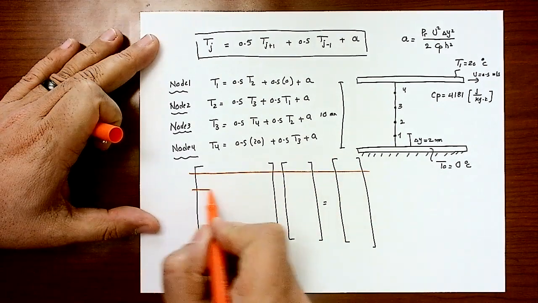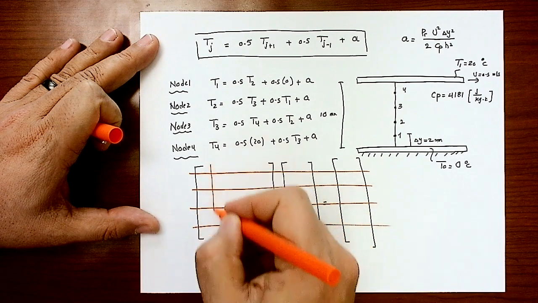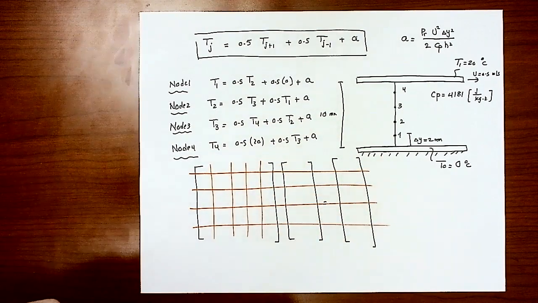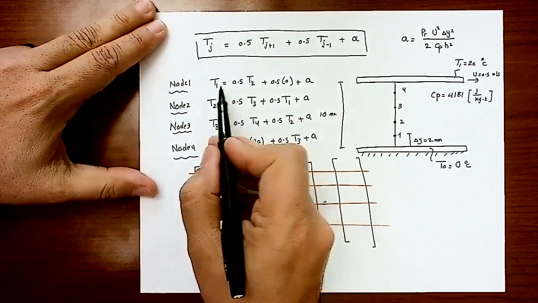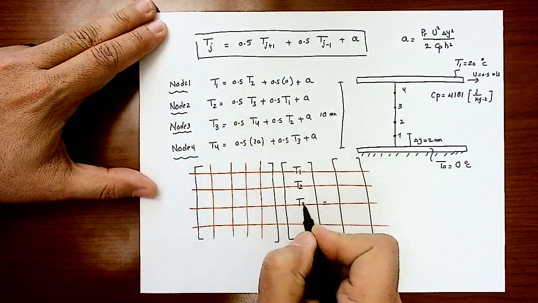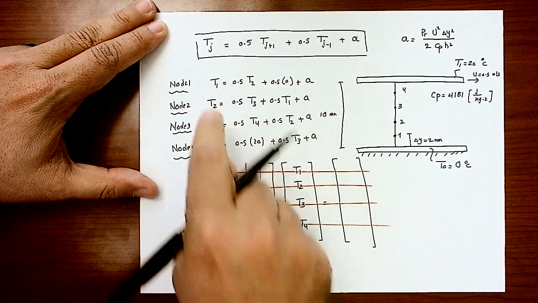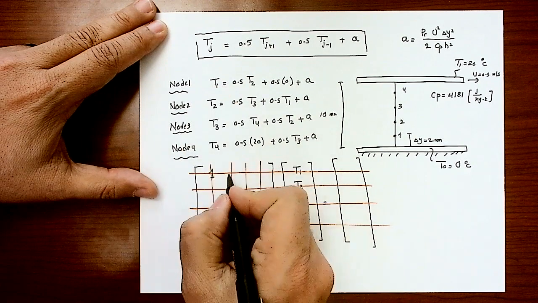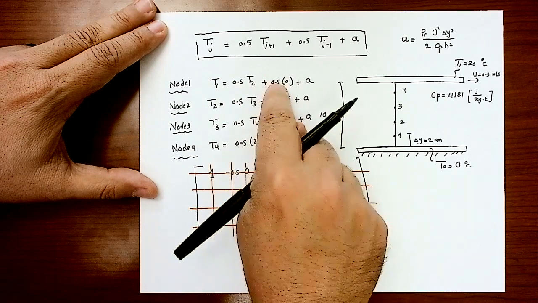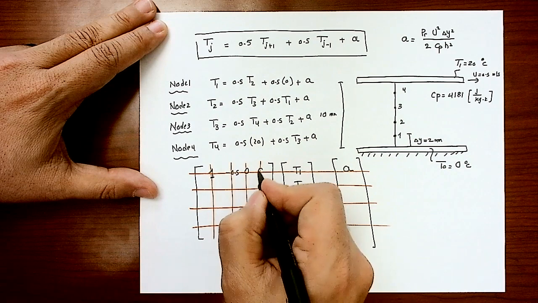So it's 1, 2, 3, 4 and 1, 2, 3, 4. I'll take the first equation. I have T1, T2, T3, and T4. For the first equation, I have 1 T1, then minus 0.5 T2, 0 T3, and 0 T4, so the free term is going to be A.